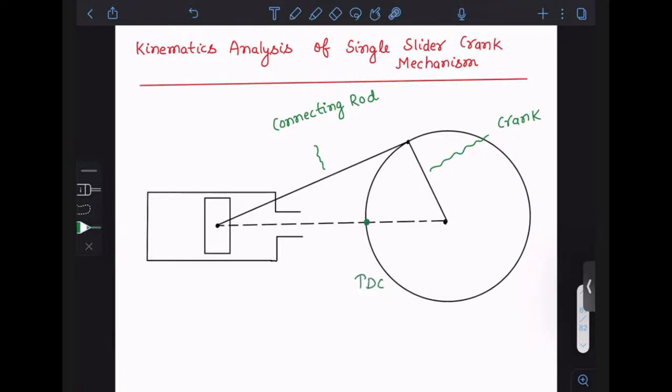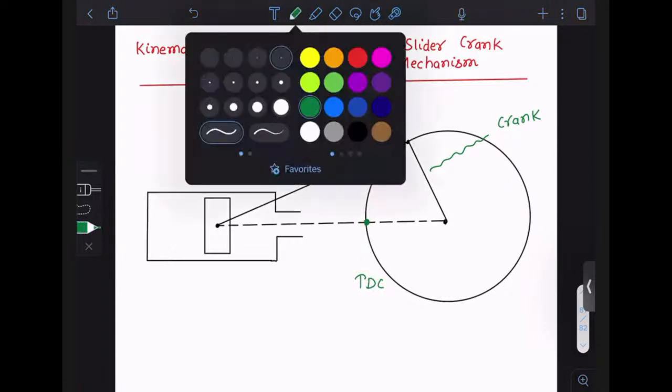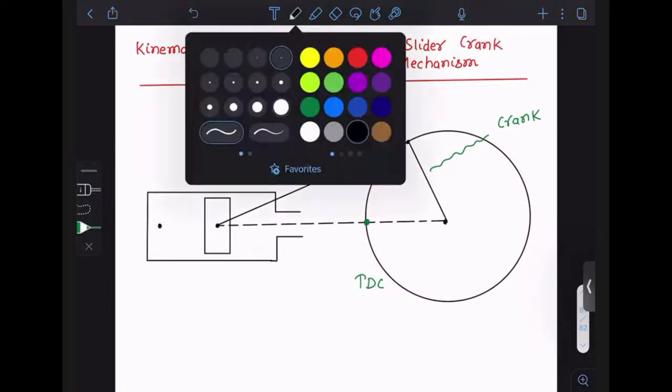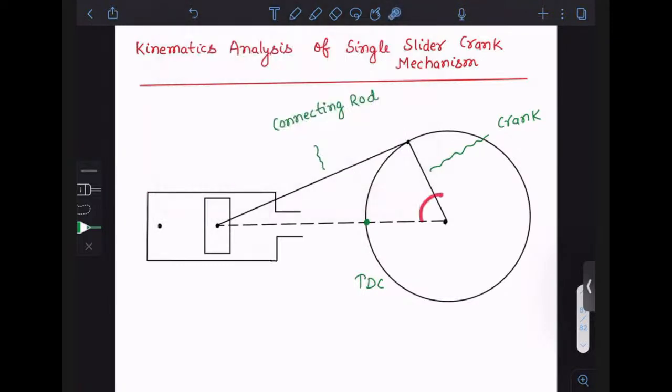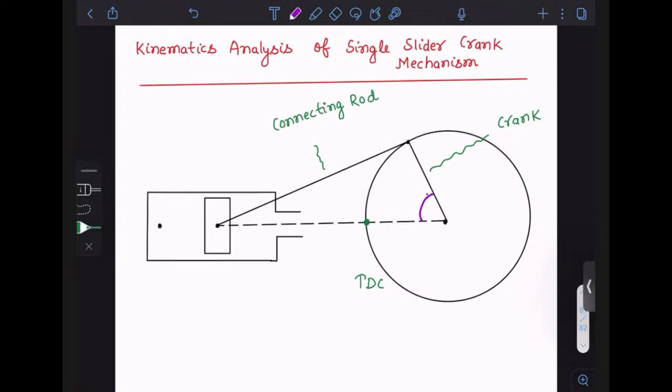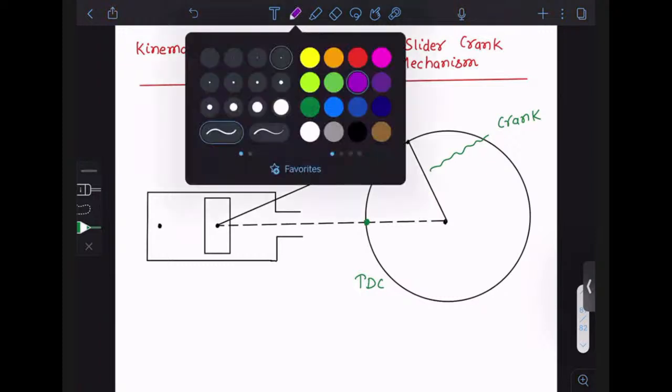Suppose initially the piston is at this location. Whenever the crank rotates a certain angle, like this, this is the angle theta. The crank is going to rotate through this angle theta, everyone.